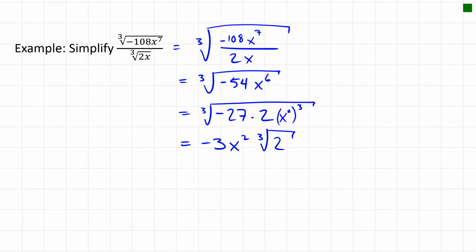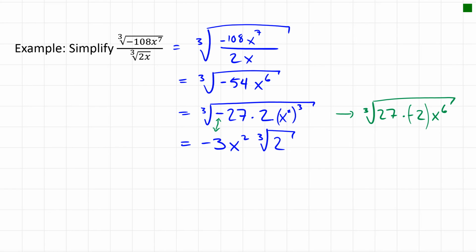Now I decided to take the cubed root of negative 27. I guess we could have done it this way, where we could have split negative 54 into 27 and negative 2. But if you do that, then you're leaving a negative inside the radical, which is not how we want to see our answer.